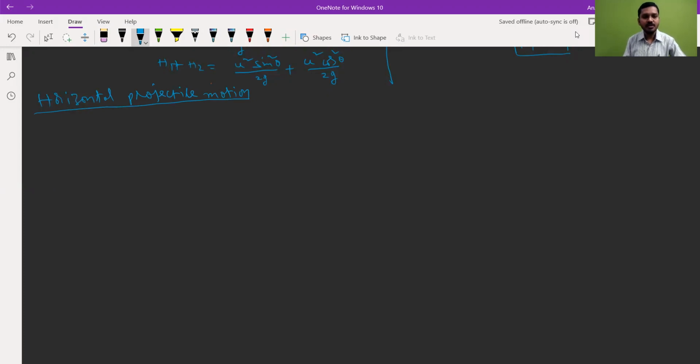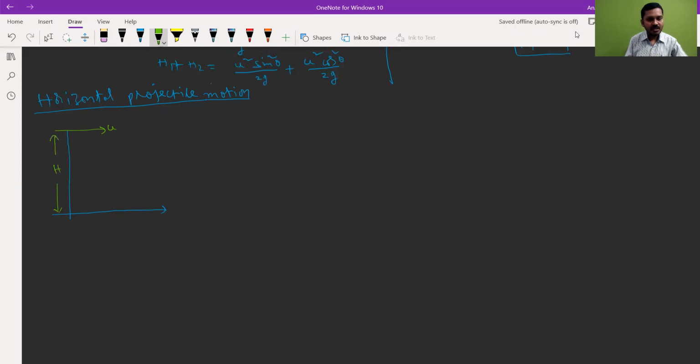Horizontal projectile motion. First, see this diagram. Suppose a body is projected horizontally with velocity u from a certain height h.